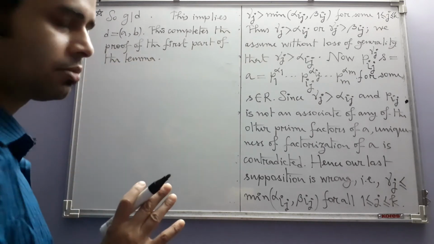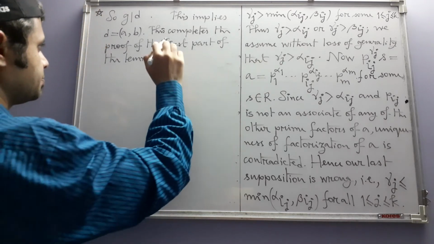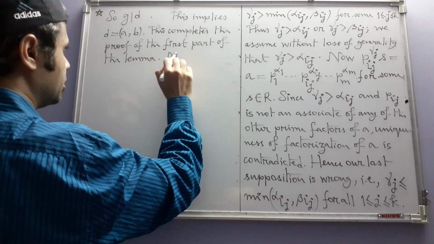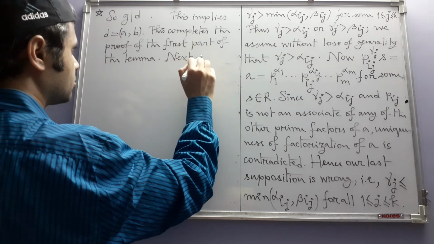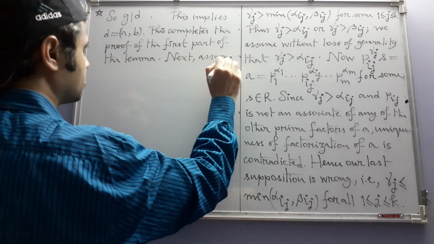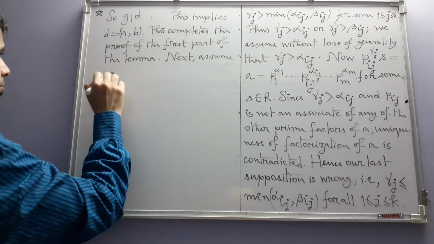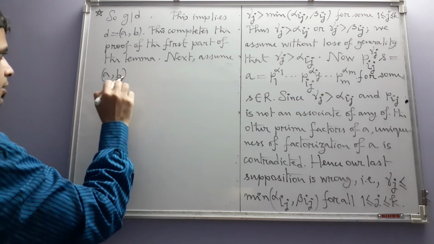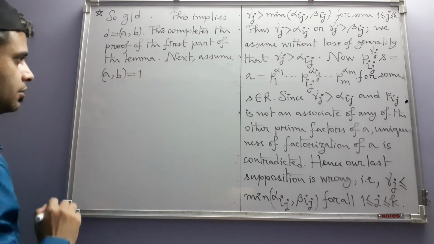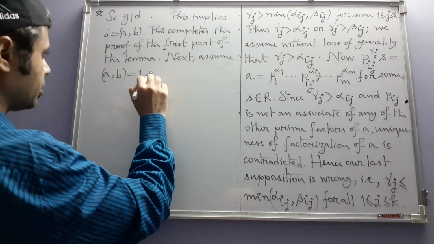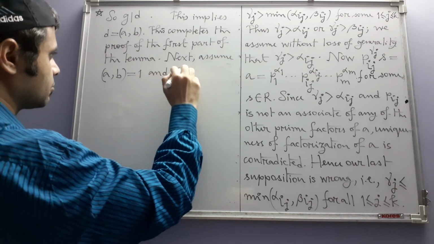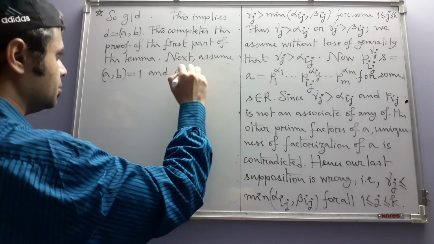We now come to the proof of the second part. Next, assume that A and B are two elements in R which are relatively prime and A divides BC.